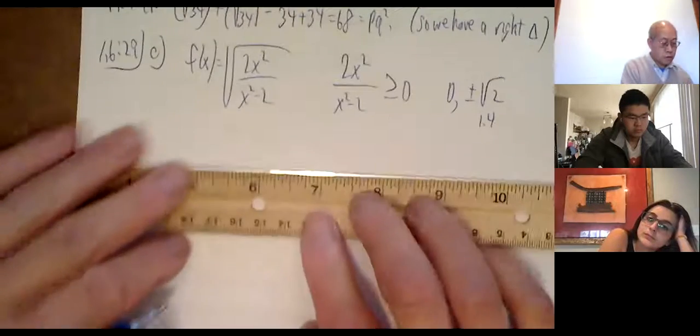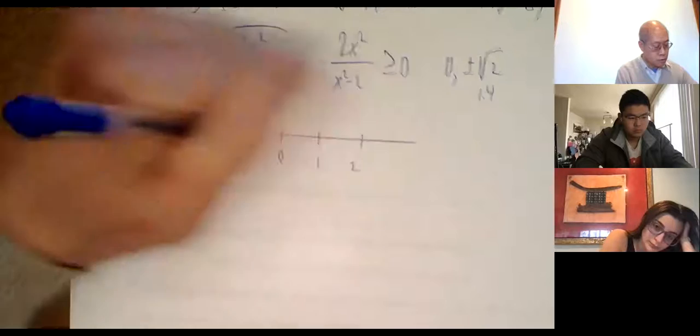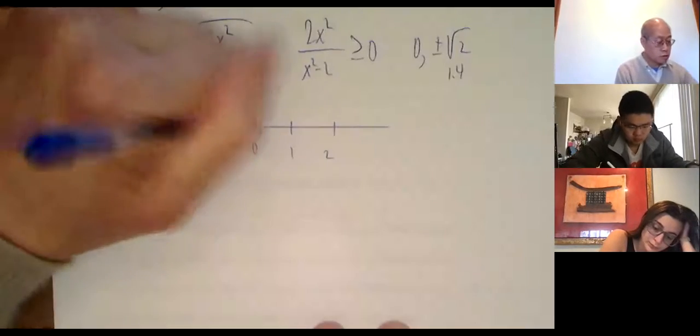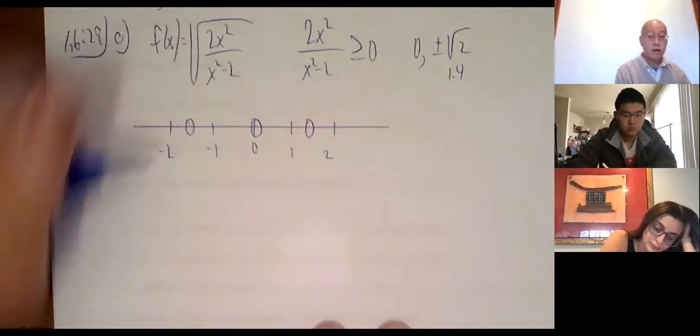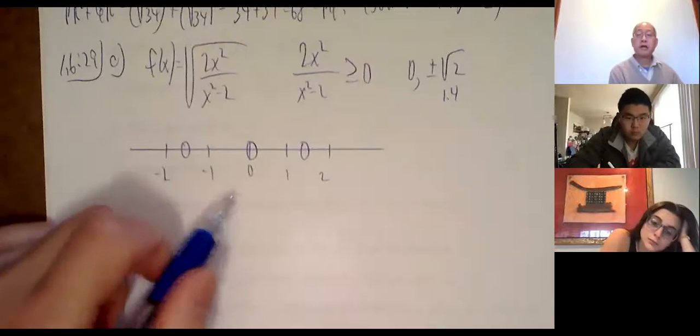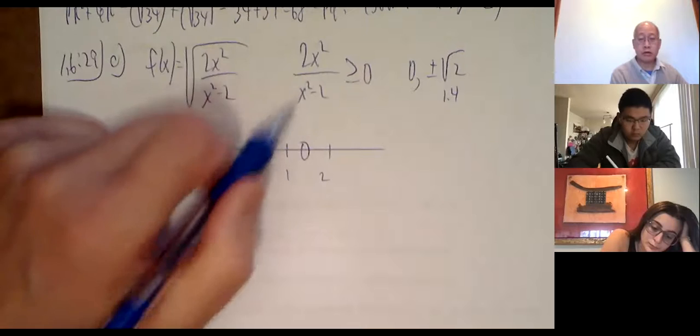Okay, number line: 0, 1, 2, negative 1, negative 2. Radical 2 is like 1.4 and negative 1.4. Plug them in. If I plug in 0, that gives me 0 on the top, and 0 divided by that is 0.